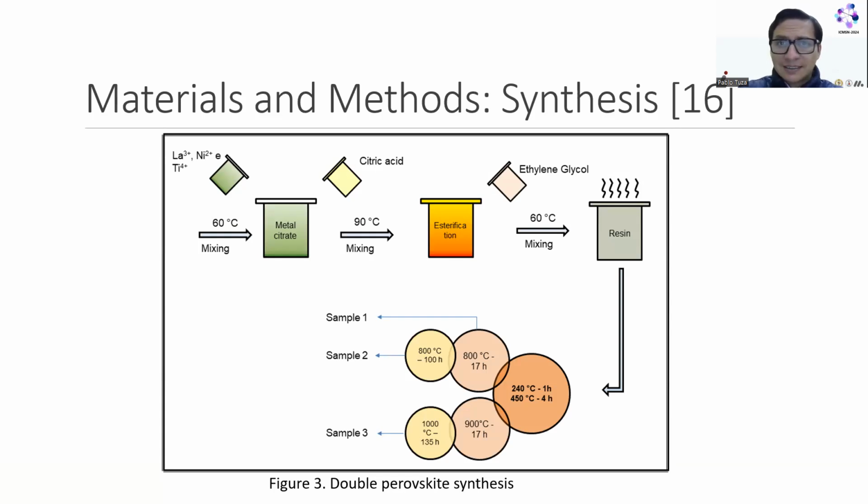Double perovskites containing lanthanum, nickel, and titanium were prepared using the modified Pechini method. Initially, adequate amounts of the precursors were dissolved in water. For the case of the titanium precursor, it was dissolved in a 3.4 molar nitric acid solution.